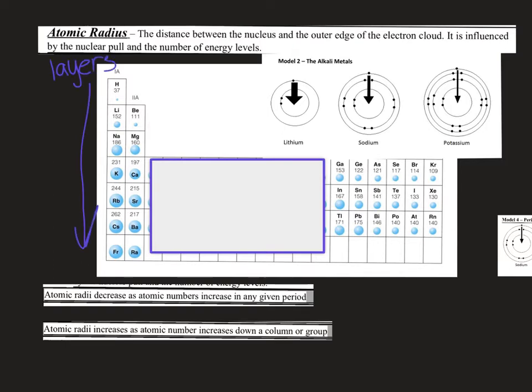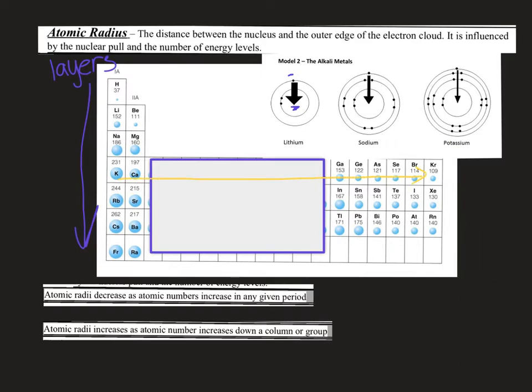And more importantly, those layers are going to cause a shielding effect, meaning it's going to block out the communication between the positive nucleus and a negative electron out here. When we move across, we're going to be decreasing in size.